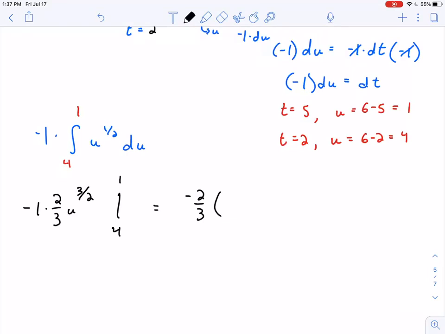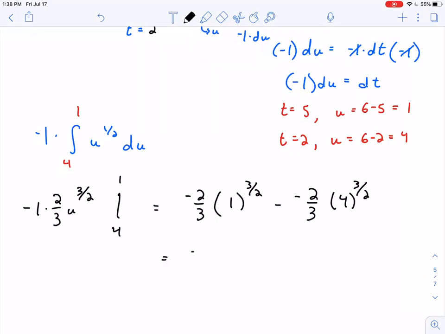Notice I'm not going to plug 6 minus t back in for u. Since my upper and lower limits of integration are in terms of u already, I don't need to. So -2/3, my upper limit of integration is 1 to the 3/2 power, minus -2/3 times 4 to the 3/2 power.